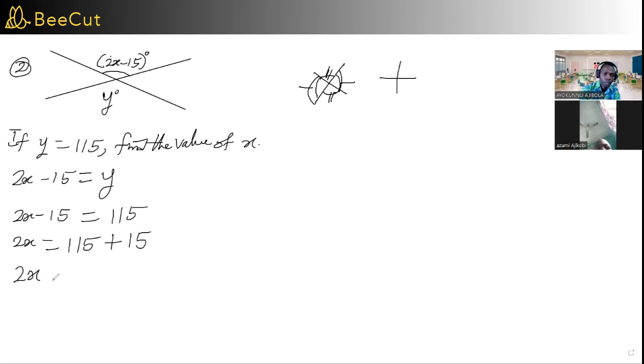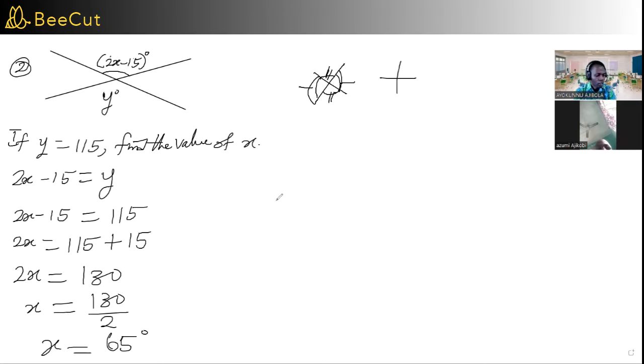Then 2x equals 130. Then x is 130 divided by what? 2. And x is going to be what? 65 degrees. X is going to be 65 degrees. Is that clear to you? Yes, sir. Okay, so you can put that down now.